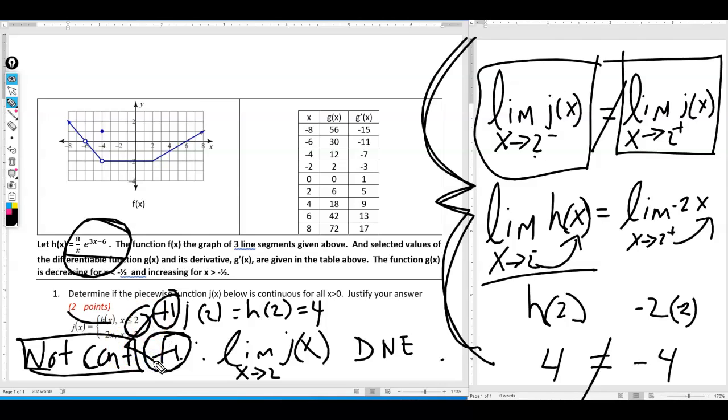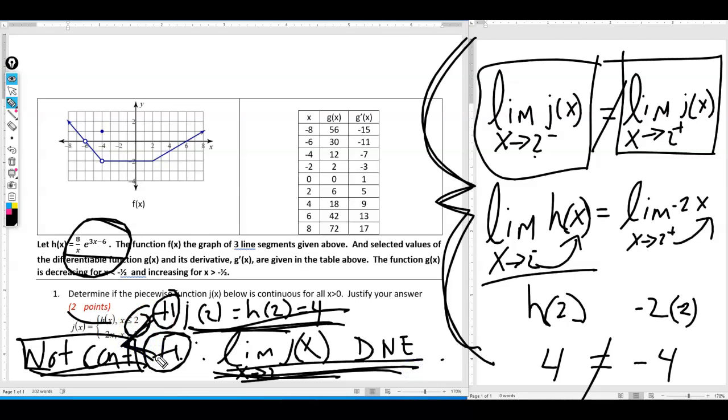So just so you guys know, even though I'm giving a point here and here, let's say you wrote this, but then you wrote that it is continuous, well, you would lose at least 1 point for giving a wrong conclusion. But if you have both of these correct and you state that it's not continuous, then you're okay. So 1 point for finding what the function equals, 1 point for stating what the limit is, and then drawing your conclusion.